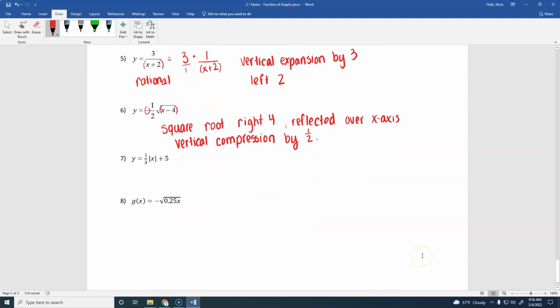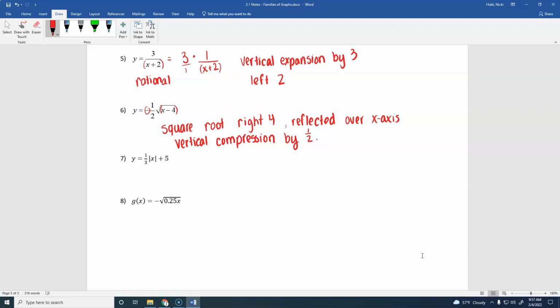Yes? So why does it reflect over the x-axis if anything on the outside is the line? So think about what happens if you flip something over the x-axis. Let's say we're above the x-axis and then we take everything and move it below, which coordinates are going to change? They're going to be your y coordinates, right? So you're flipping it upside down, like vertically, but the line you're flipping over is horizontal.